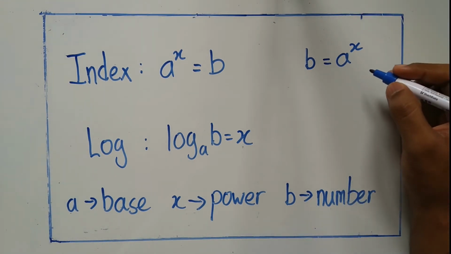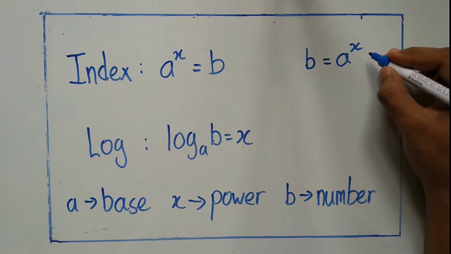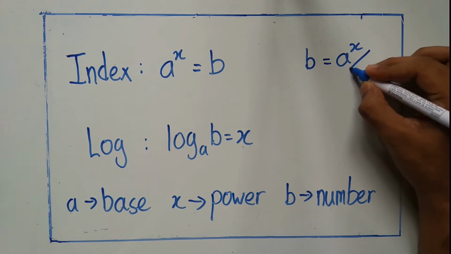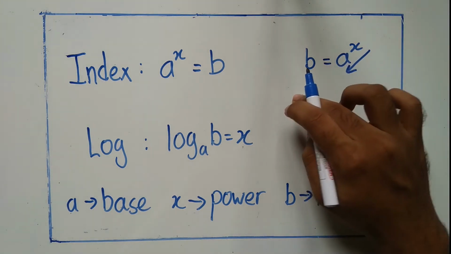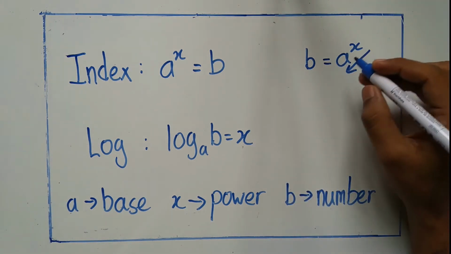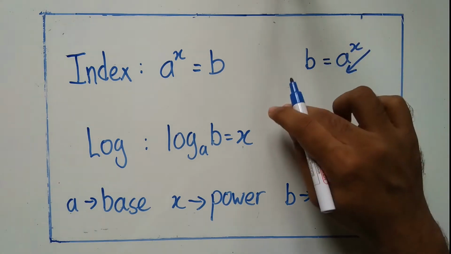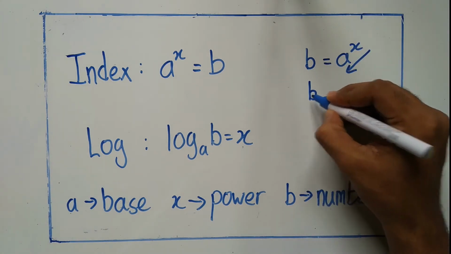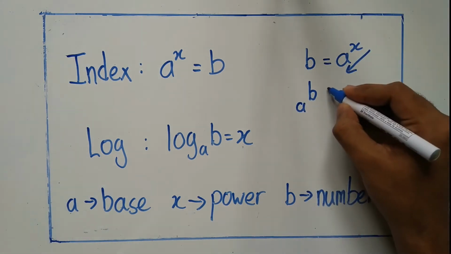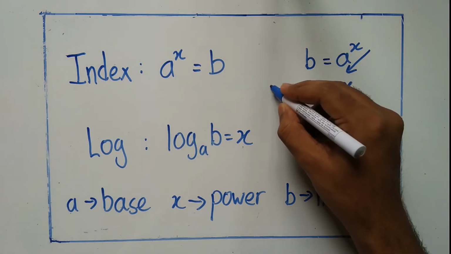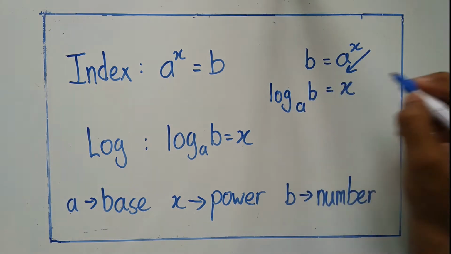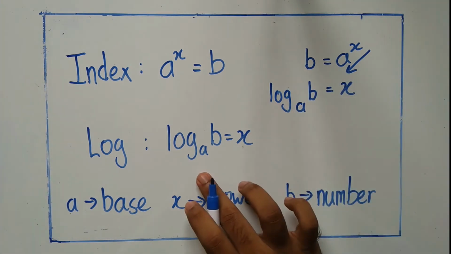After that, by using some imagination, we slide x and a downwards. So that means when we slide it downwards, we have b, a, and x. The only difference is we have a log, which gives us this form.